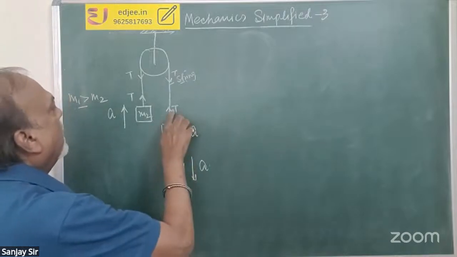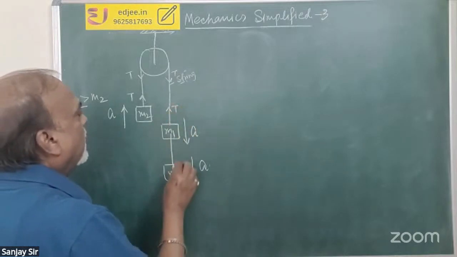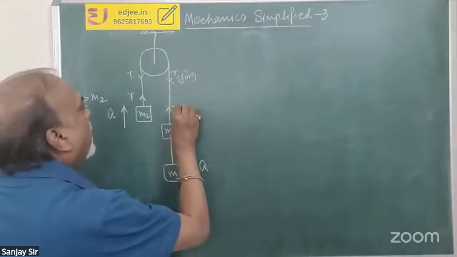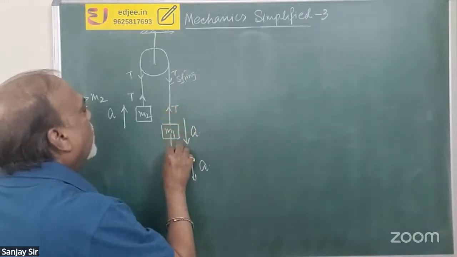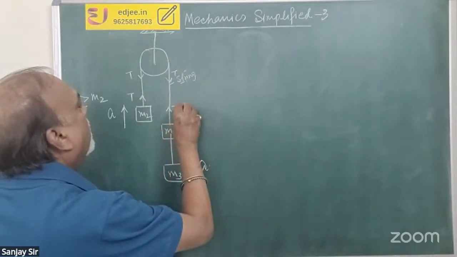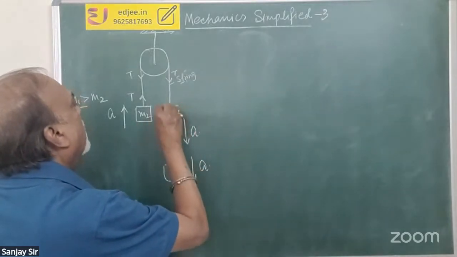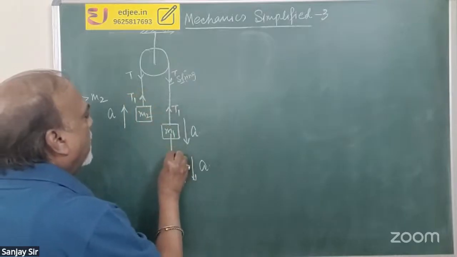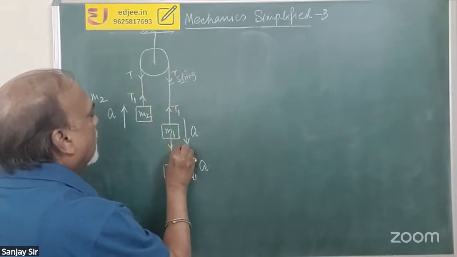Now the tension in both the strings will not be the same. Suppose I call it T1 here, and here it will be T2.